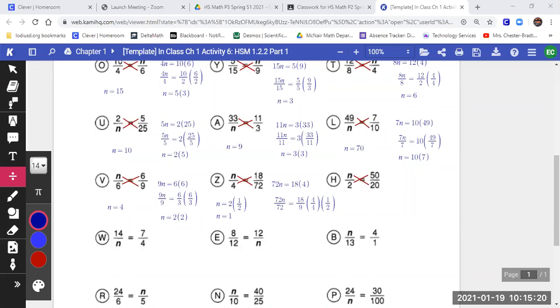Yes, 20n will equal what? What's the other side going to say? Two times 50, exactly. You guys are getting it.